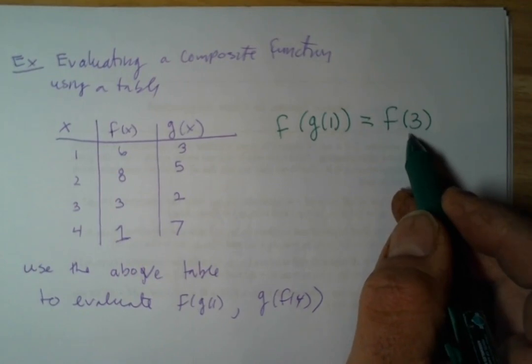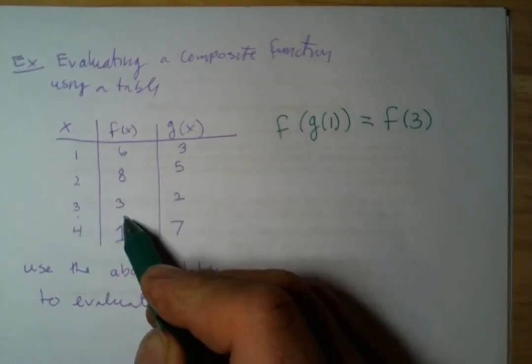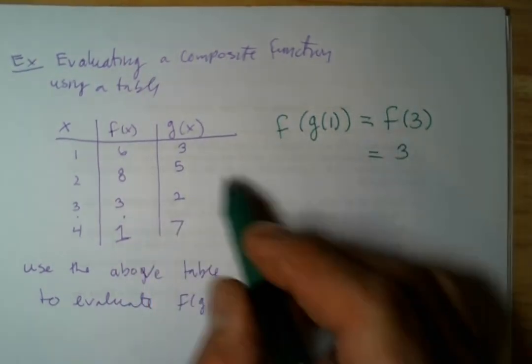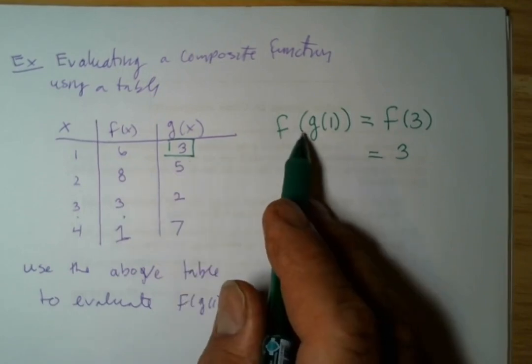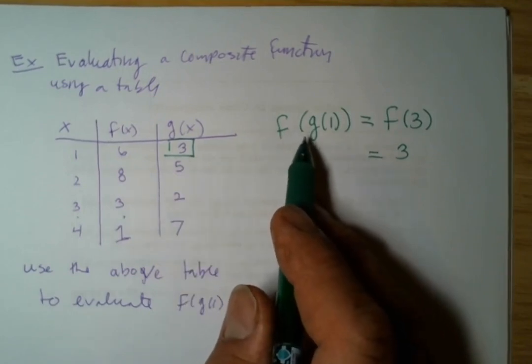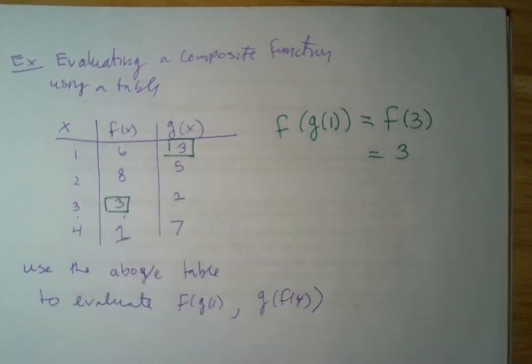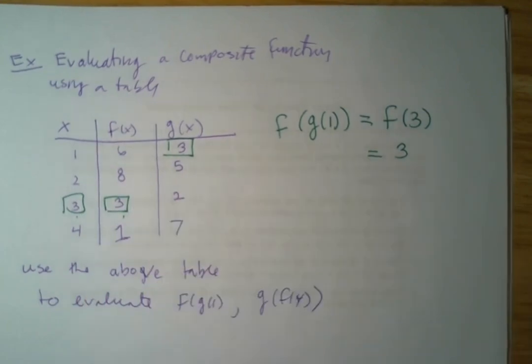And now simply evaluate the function for input value of 3 for f, and then that equals 3, right? So again, first we start off, that is our output for our inner function of the composition, and now that becomes the input for f, right? And then the output there is 3.